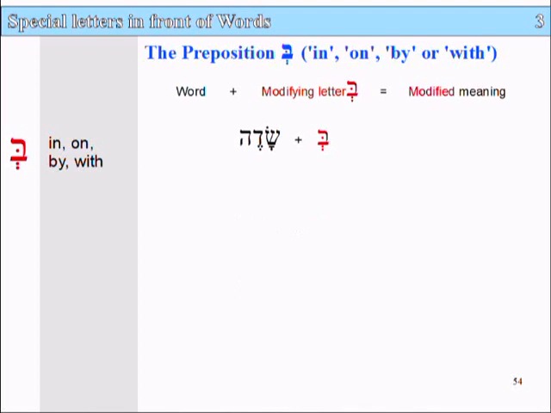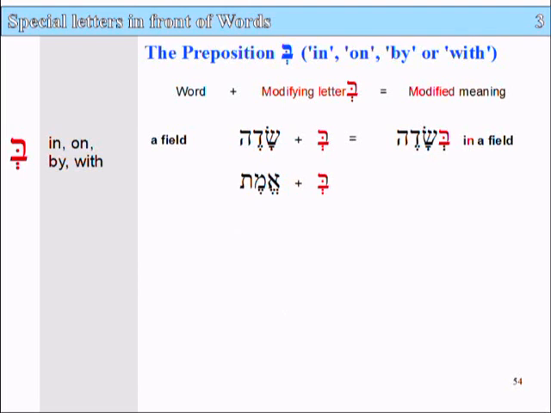If we take the word sadeh, which means field, a field, sin, dalet, hay, and we add the bet, we get basadeh, which means in a field, in a field.